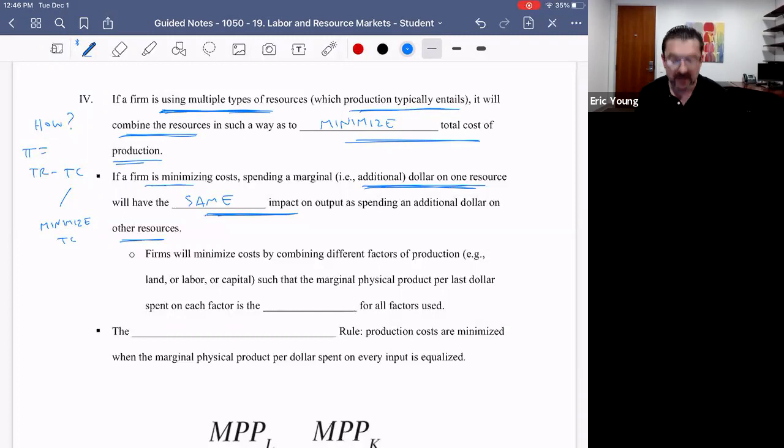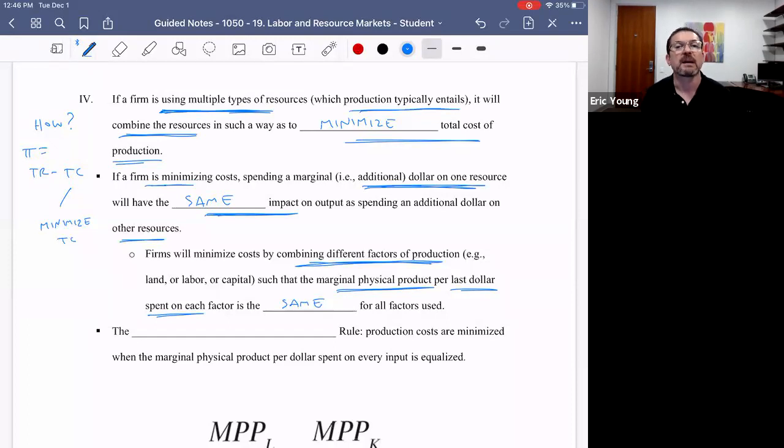Seen a different way, firms will minimize costs by combining the different factors of production such that the marginal physical product, the output, for the last dollar spent on each factor is the exact same for all the factors used.